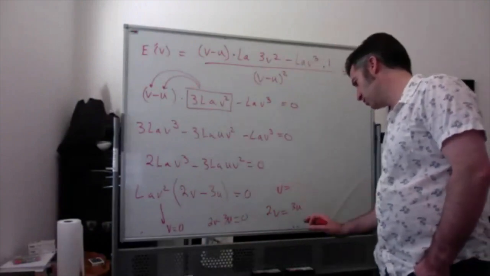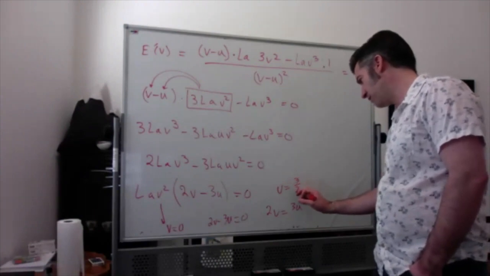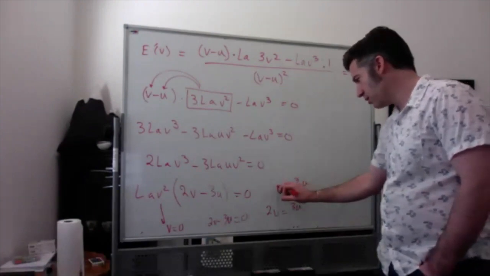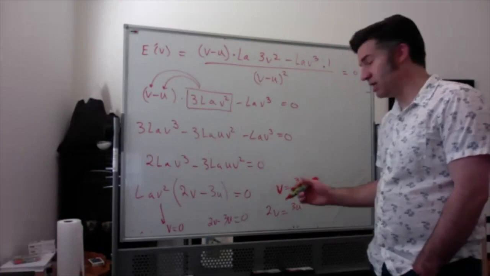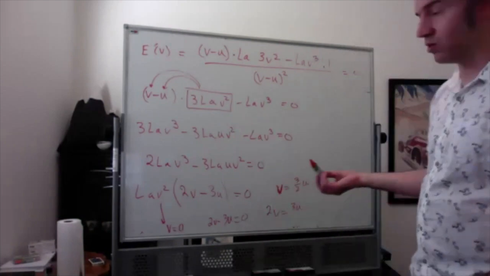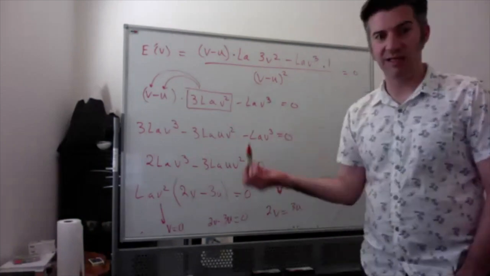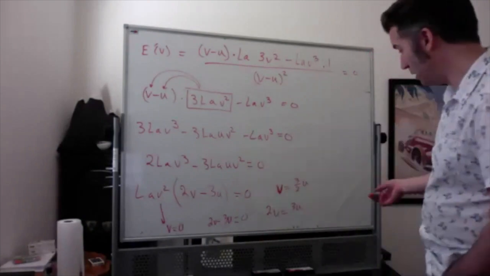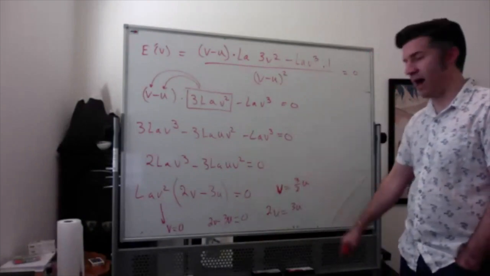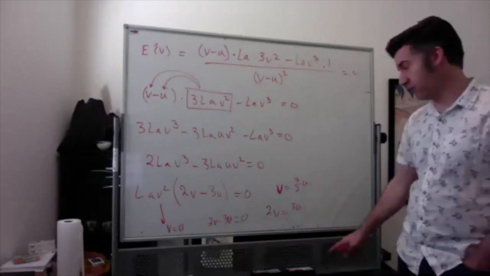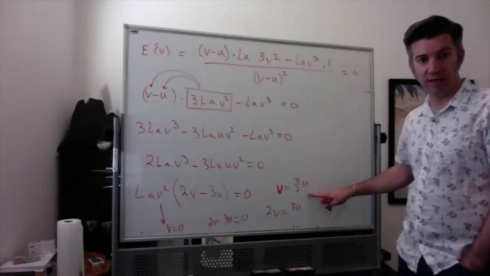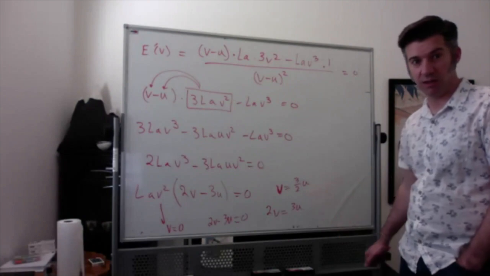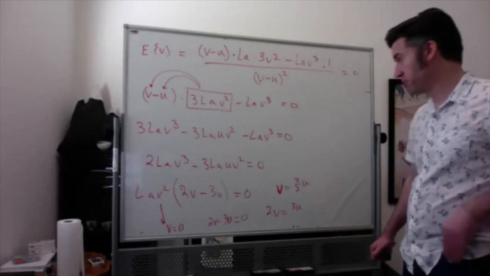So V is equal to 3/2 U. So the speed that the fish swims that's going to minimize energy expenditure, at least we think it'll minimize it, would be 3/2 or 150% of the current that you're swimming against. Interesting.